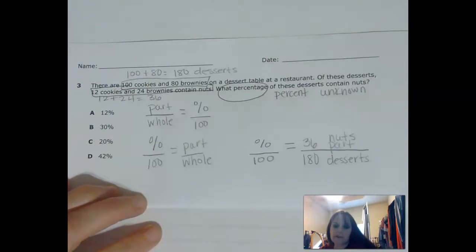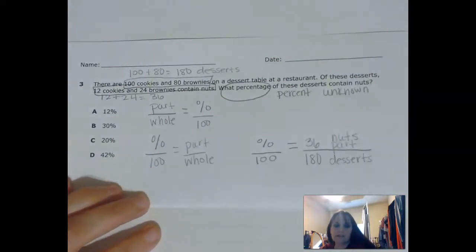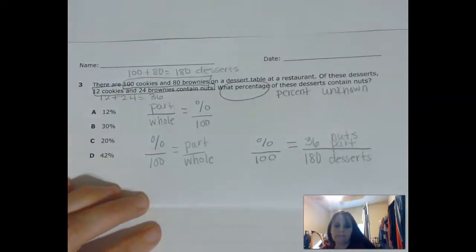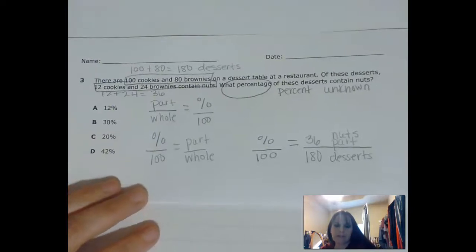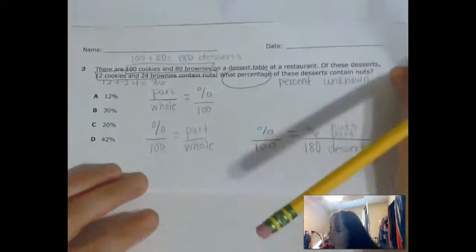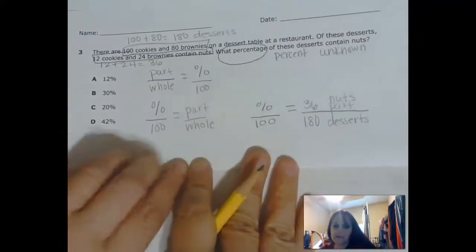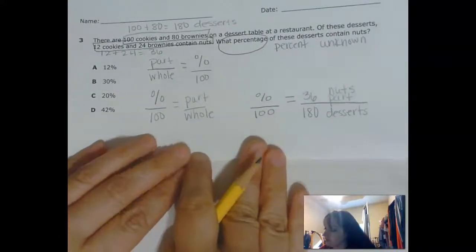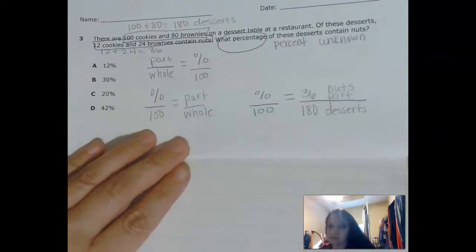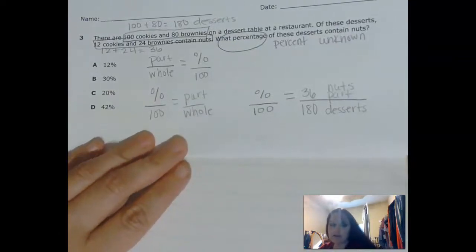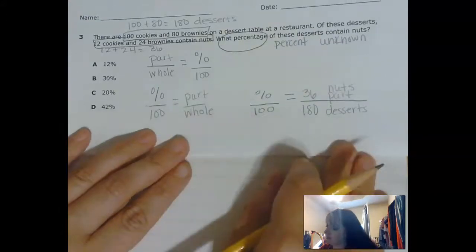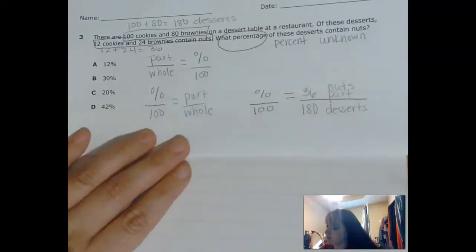First things first, does something look like it needs to be simplified? I would say so. I would say that 36 over 180 is just begging to be simplified. We could go by 2's over and over again, but Ms. Garza knows that both of those share a common factor of 18.